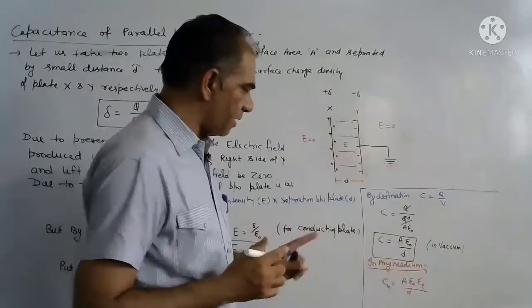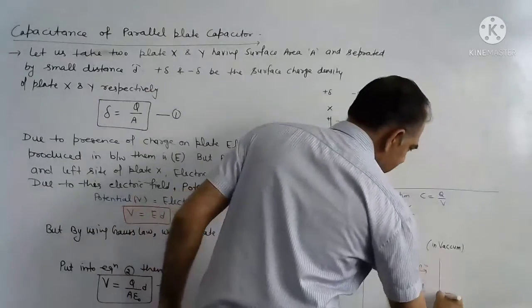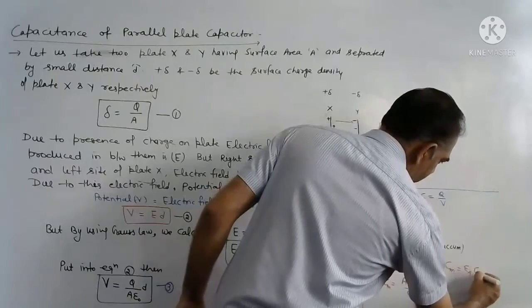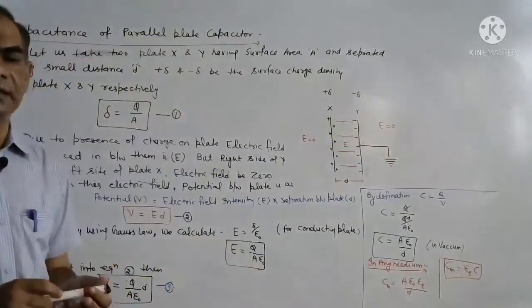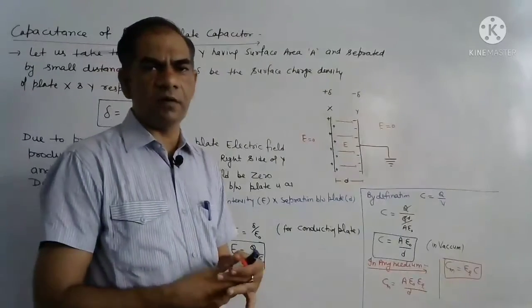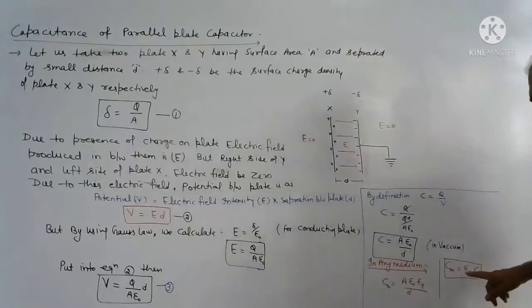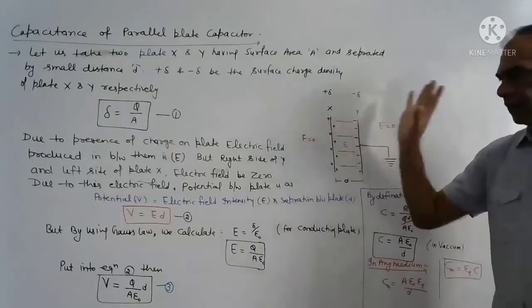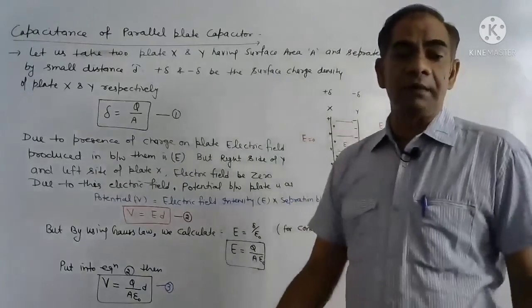Only the medium may vary. Finally, we can say that Cm is equal to epsilon R times C. So the capacitance of a capacitor may be increased epsilon R times the capacitance of this capacitor in vacuum. Here epsilon R is called the relative permittivity.